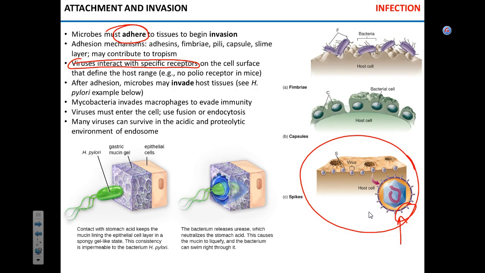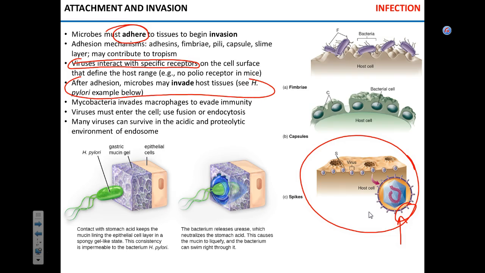Well, guess what? Those mice could get infected. Does that make sense? So the receptor will define the tissue that is infected and the host that can be infected. It's a really important thing here.